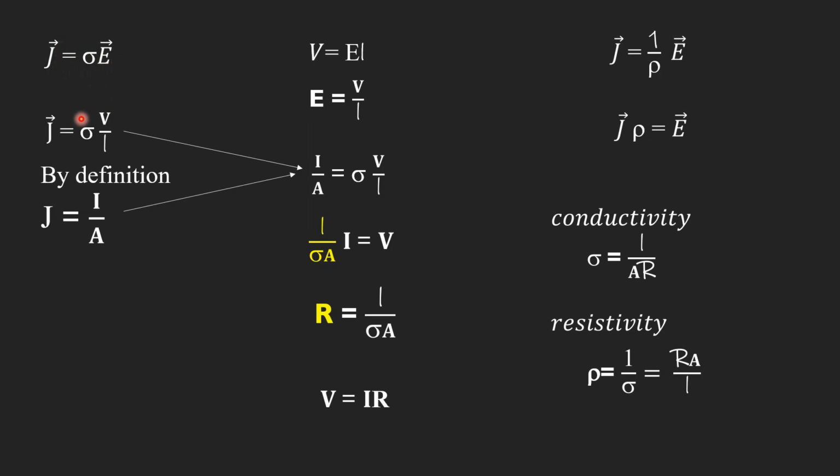So here the electric field is also written as V by L, because we know the relation between potential and field: dV is equal to E into dx.